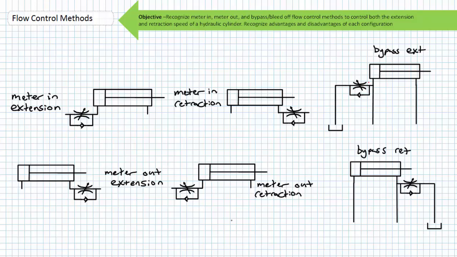Finally, we can anticipate pressure intensification for certain flow control configurations that may need to be accounted for in the design and safe operation of a fluid power system. The take-home point is that the orientation of the check valve bypass is the single most important determining factor for flow control methods. Remember to review this material as often as you need to really drive it home.